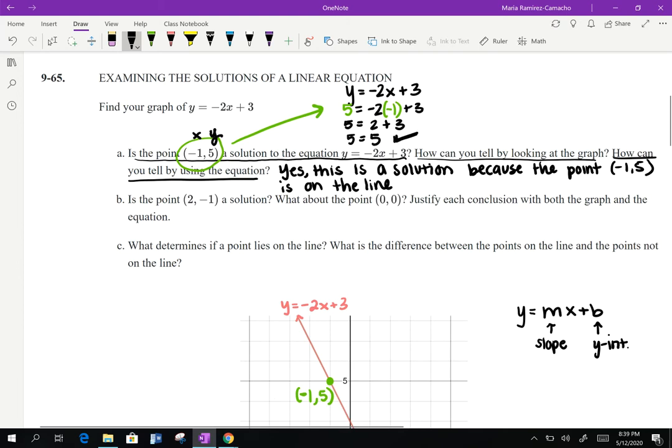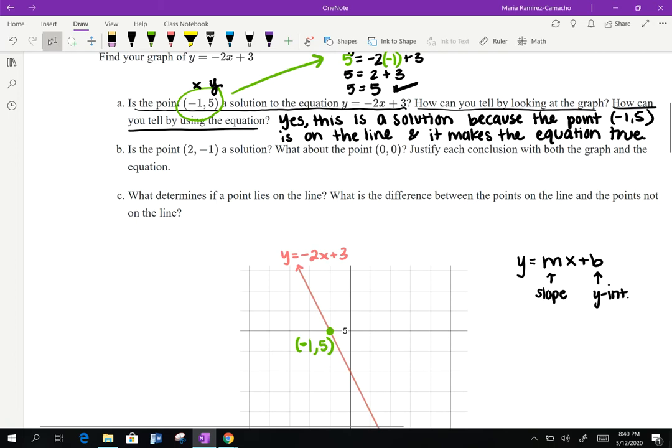So not only is negative 1, 5 a solution because it falls on the line, but also it makes the equation true. So overall, yes, negative 1, 5 is a solution because the point negative 1, 5 is on the line, and it makes the equation true when plugged in.